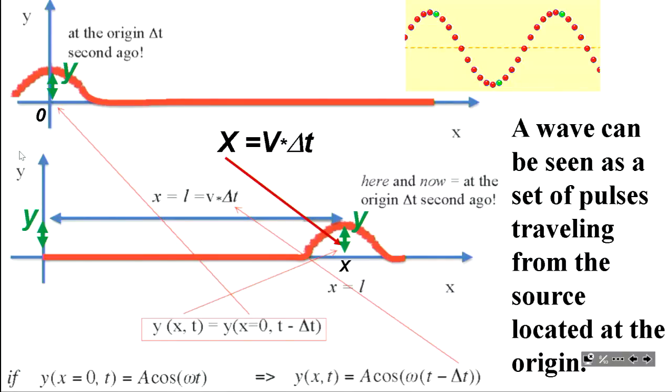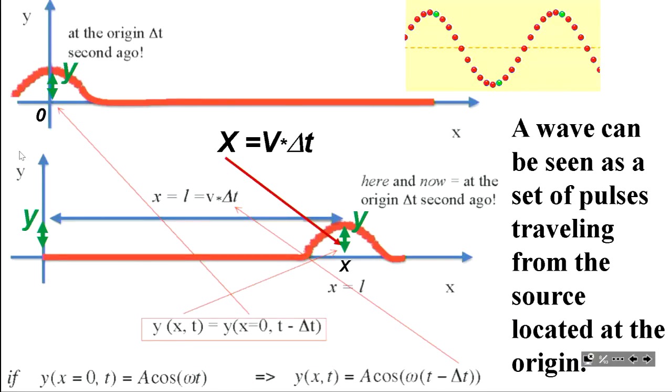And the displacement from equilibrium here and now is the same as it was this time before at the origin, at the location of a source.